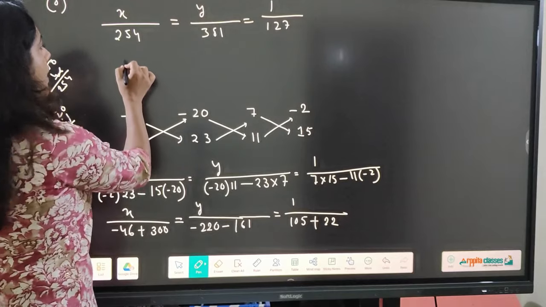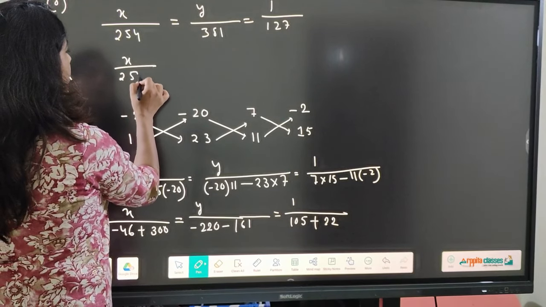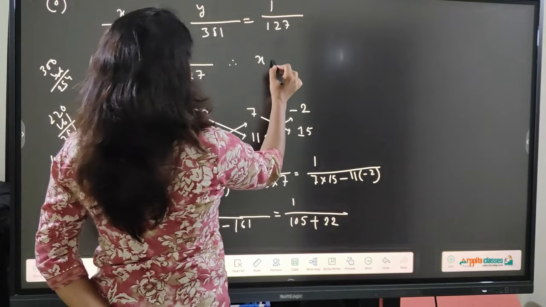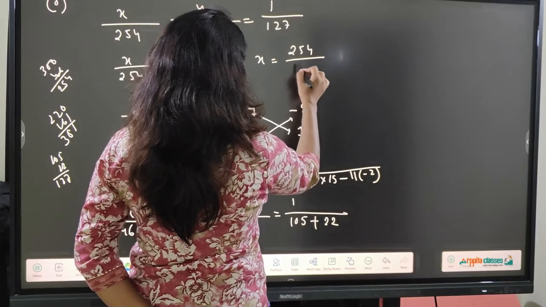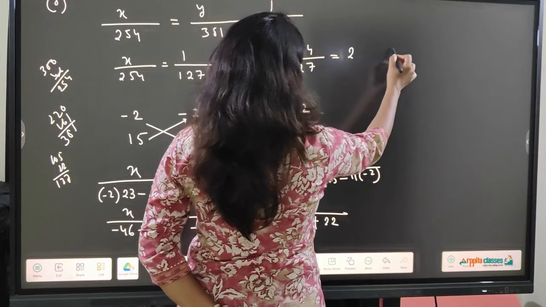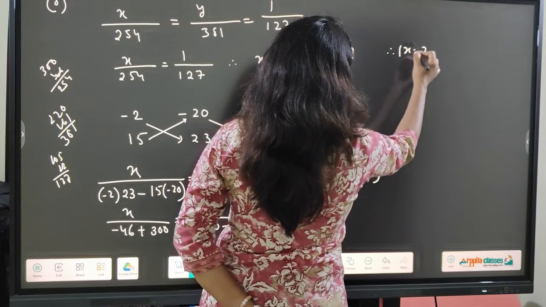Okay. So now x upon 254 is equal to 1 upon 127. Therefore x is equal to 254 upon 127. That is, this is coming 2. So the value of x is coming 2.